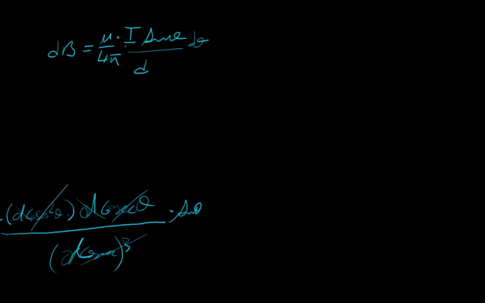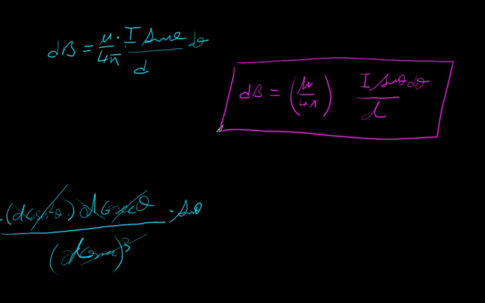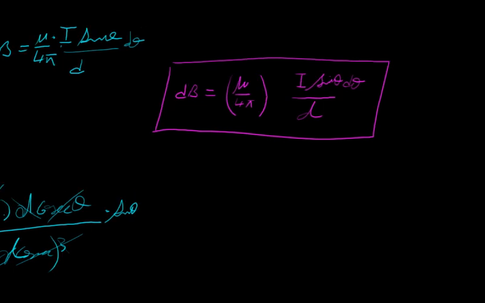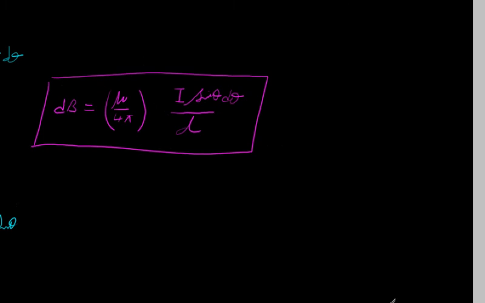Let's make it very clear. dB will be equal to mu naught by 4 pi, this is a constant, I is the total current, sine theta d theta divided by D. This you have to remember. Now for this case, your theta is varying.